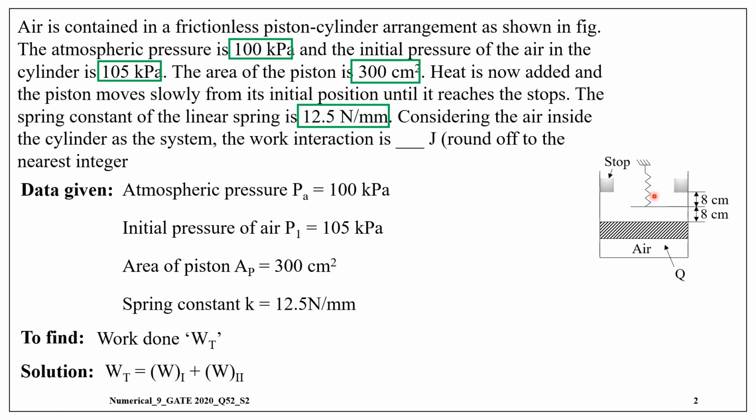So this is the second step, which is equal to W2. That means the work done during the second step, that means while compressing the spring.